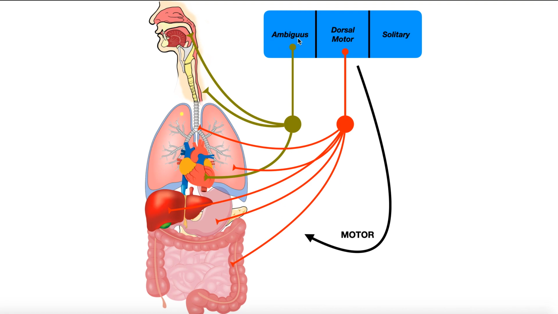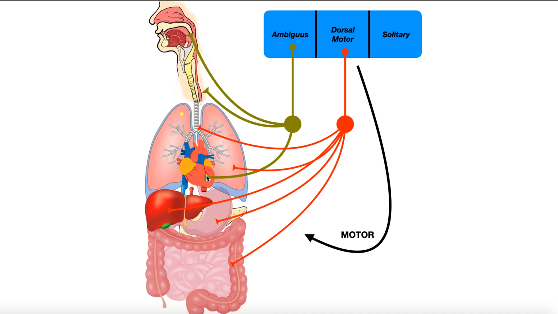And then we have the nucleus ambiguus and the dorsal nucleus. These are motor nuclei, and their nerve fibers are going to be efferent fibers that are sent out from the medulla to the various regions that we just talked about on the previous slide. In general, the nucleus ambiguus is going to have motor innervation for structures above the trachea, with the exception of the heart right here.